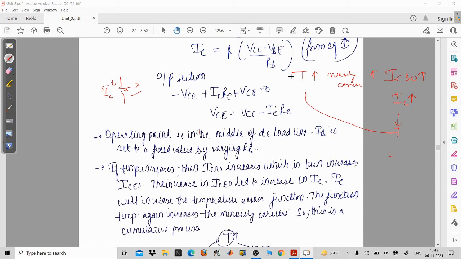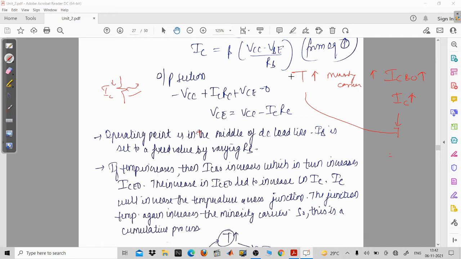Again temperature increases, minority charge carriers increase, ICBO increases, IC increases, and again it will increase the heat loss further. So there will be a further increase in the temperature, and this cycle goes on and on. So this is a cumulative process, or you can say a vicious circle.